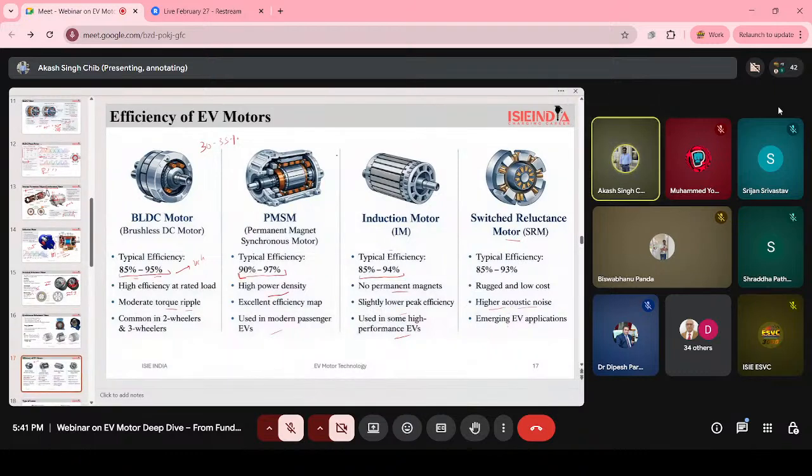Basically, saliency is nothing, just a difference. Suppose here is our 0 degree and this is the 90 degree, if you see this rotor.